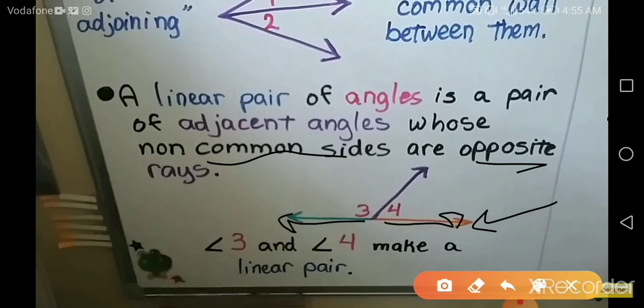These are the non-common sides, and I also have a common side in between. So this forms a linear pair. Here I have angle 3 and angle 4, and they make a linear pair.